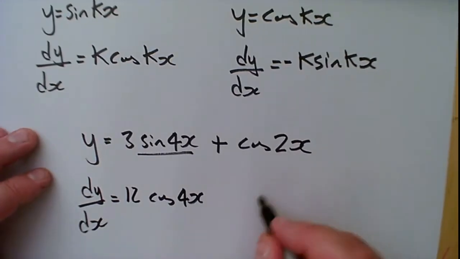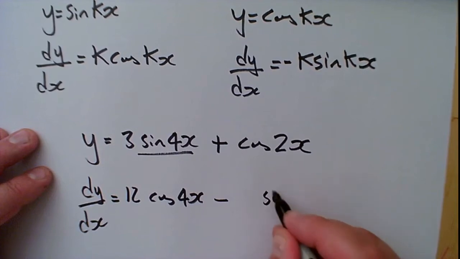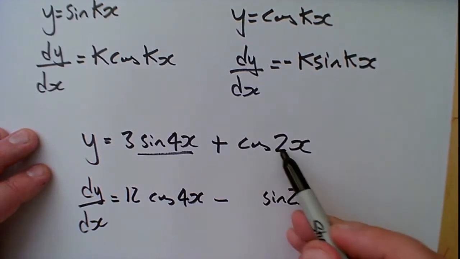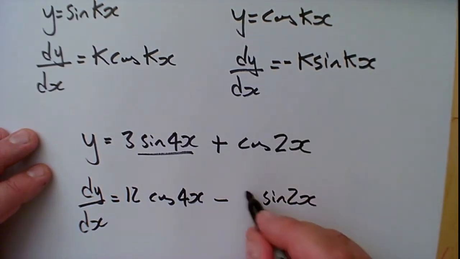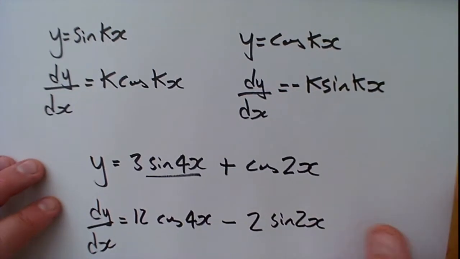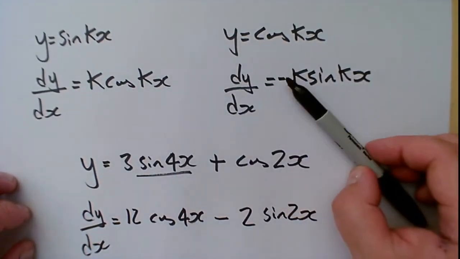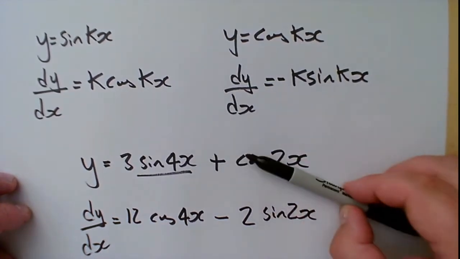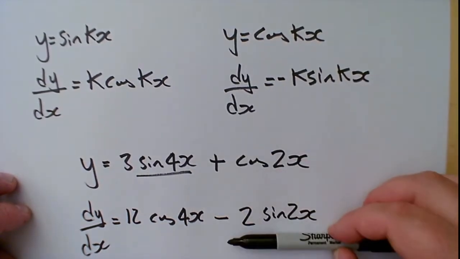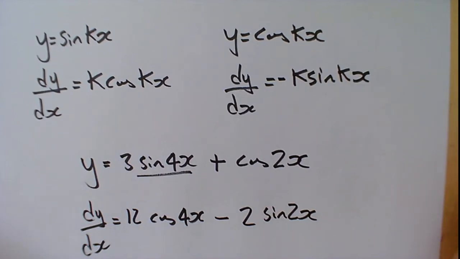The cos becomes a minus sin 2x, but we also have to times it by 2 as well, so we'd have something like that. So we certainly want you to get really quite comfortable with accepting these results to start off with, and just applying them by doing this level of differentiation at this stage.